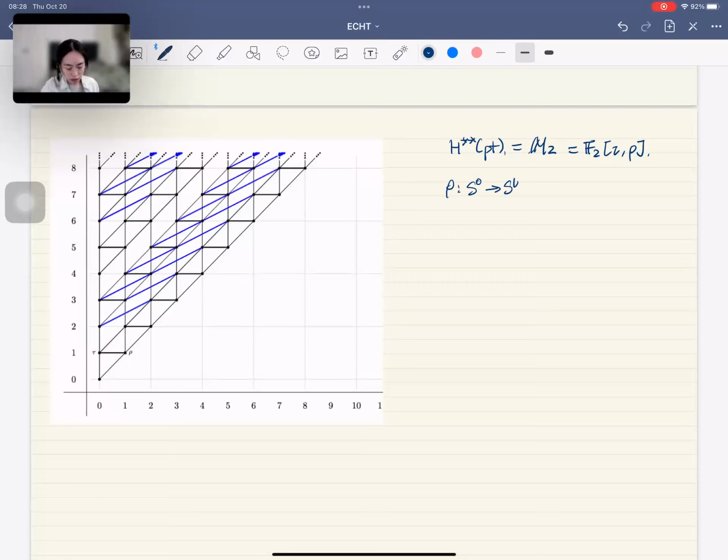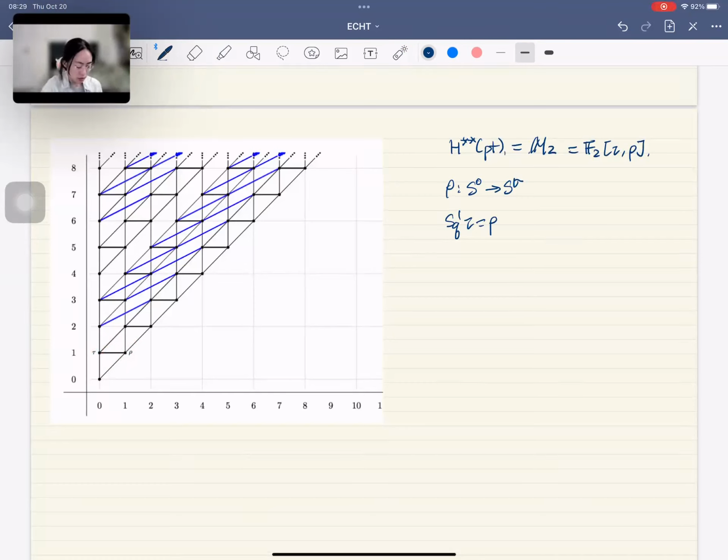S^0 to S^sigma, right, in C2-equivariant. So from this picture, there's only Sq^1 and Sq^2 drawn in, and you can see the action of Sq^1 on tau is rho.